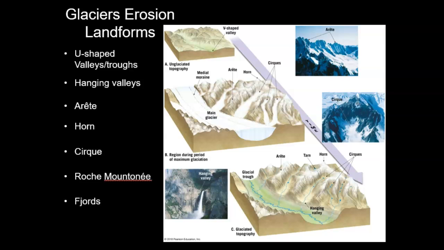The alpine or valley glaciers tend to accentuate the irregularities of mountain landscape, and they create steeper canyon walls and make these kind of jagged looking peaks. By contrast to these, the continental ice sheets generally tend to override the terrain, and they will then subdue it rather than accentuate the irregularities that they encounter.